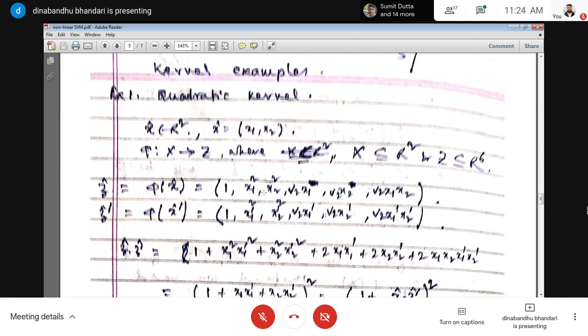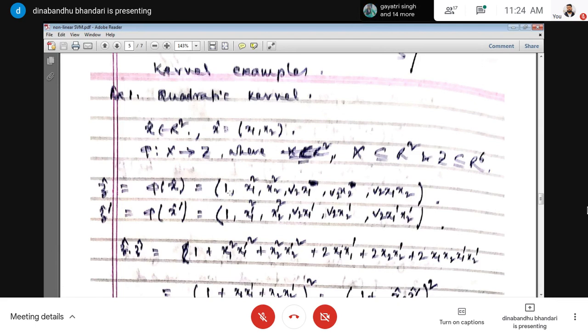For a quadratic transformation of a 2-dimensional point, there will be a constant term, x1 square, x2 square, and x1 x2. These are the three quadratic terms. There will be two linear terms, x1, x2, and 1.